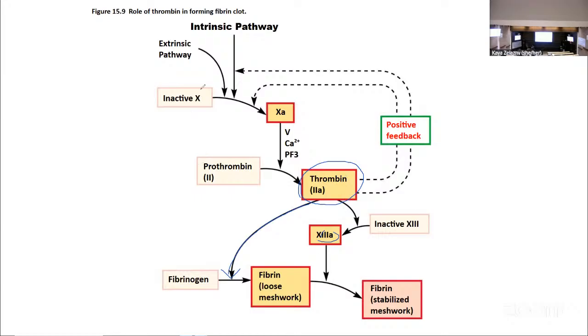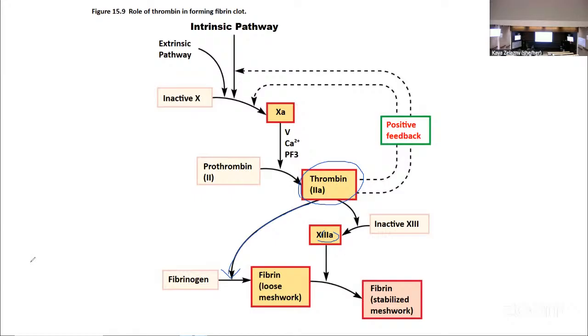As you can see, we have to activate pretty much everything that's in this pathway, right? So what's happening here in order to stabilize the fibrin is we've got inactive factor 13 floating around. Once we have thrombin in its active form around, it can activate factor 13, usually at the same time as it's turning fibrinogen into fibrin. And then factor 13, once activated, stabilizes the fibrin.